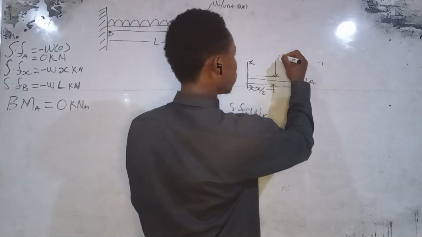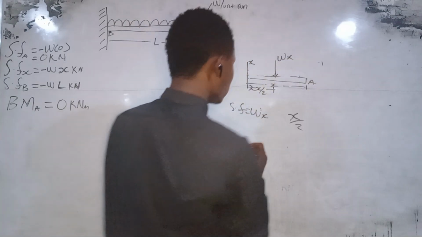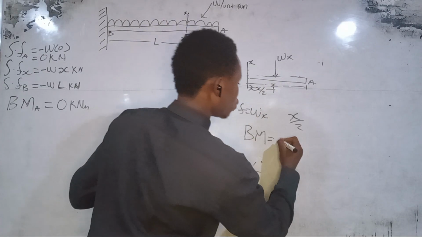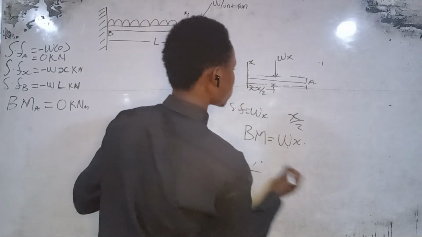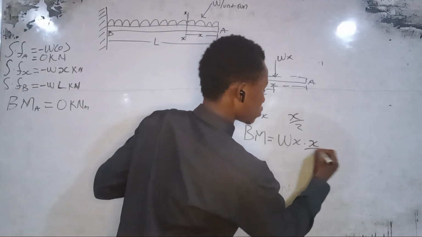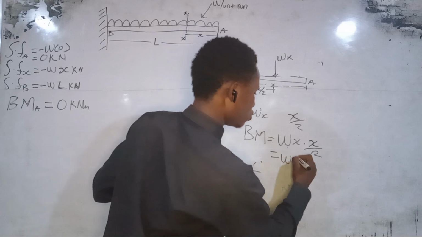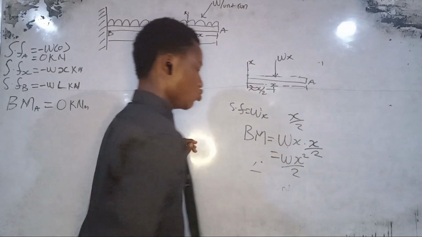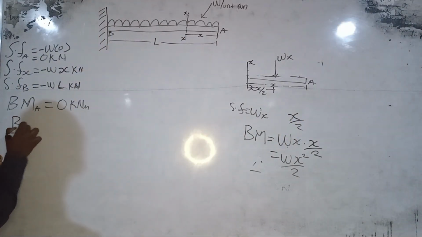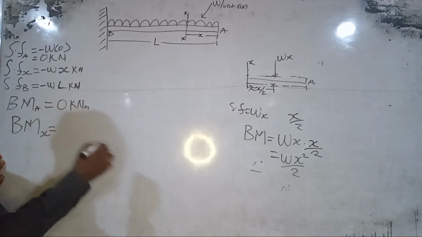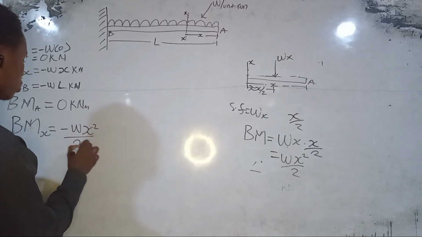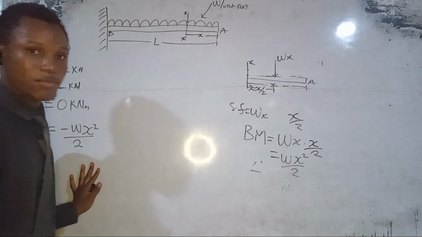This load is the shearing force, which is W times X. Then our bending moment at this point equals WX times x over 2, which equals W x squared over 2. So that is how our bending moment is found. Therefore, our bending moment at x will be minus W x squared over 2.